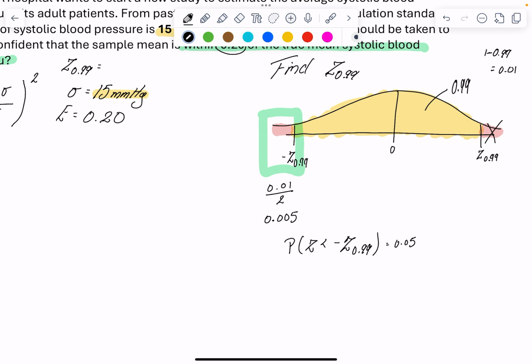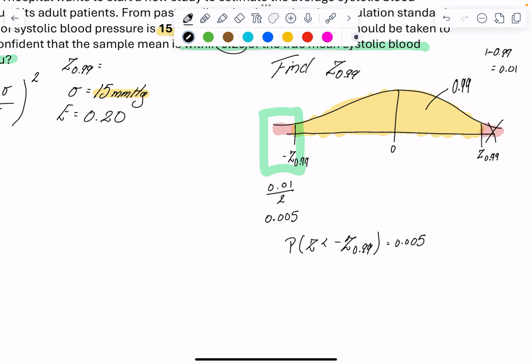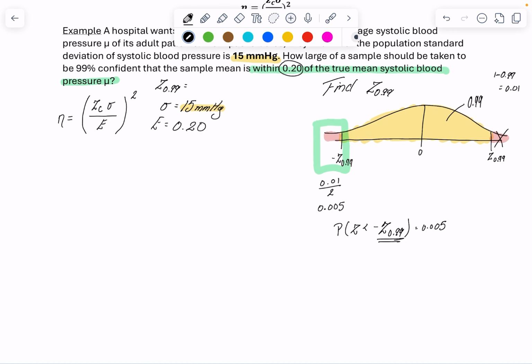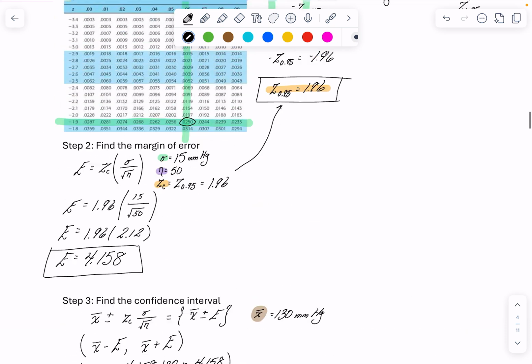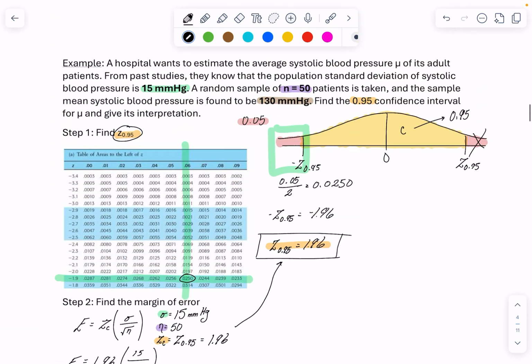My bad. To find that negative critical value, we're going to have to look at our chart for where we can find 5 thousandths. So let's see if we can find that on this chart here.